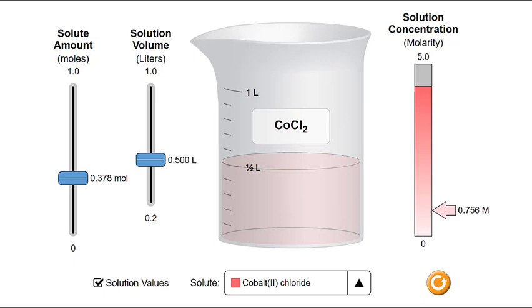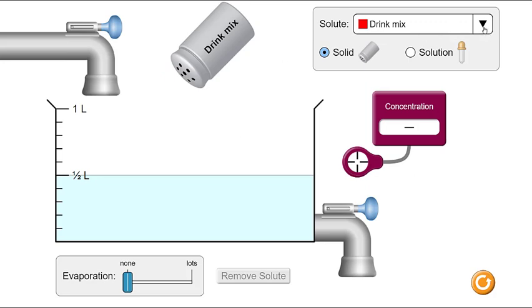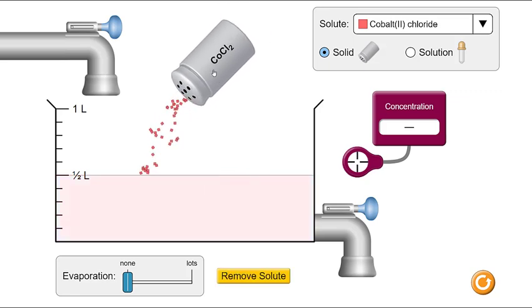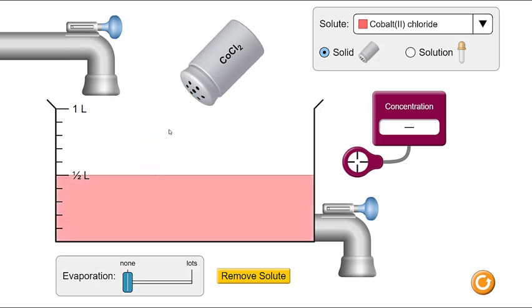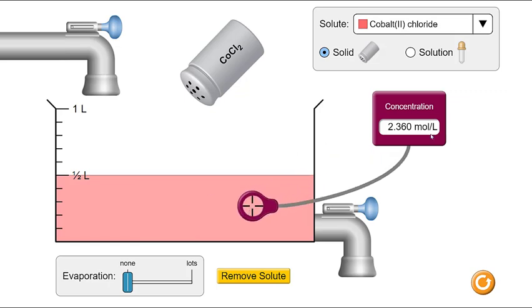Now, we know that solids can have their mass in grams, right? So if I were to look at this simulation, and if I were to take this cobalt 2 chloride, and let's say I was in the lab and I wanted to weigh the mass of a certain amount of cobalt 2 chloride and add it to a certain volume of water, that we would have a concentration in moles per liter.